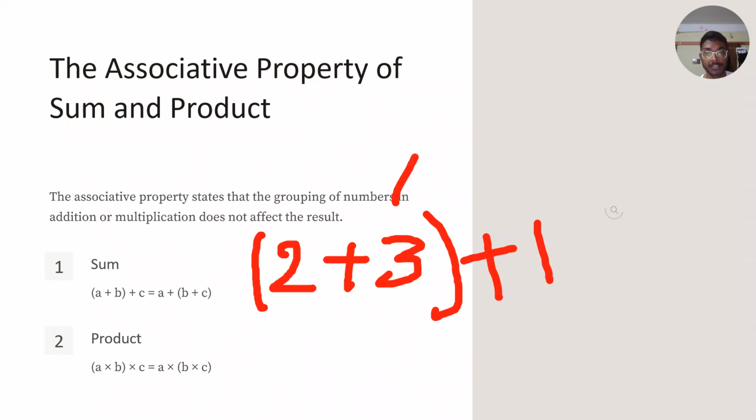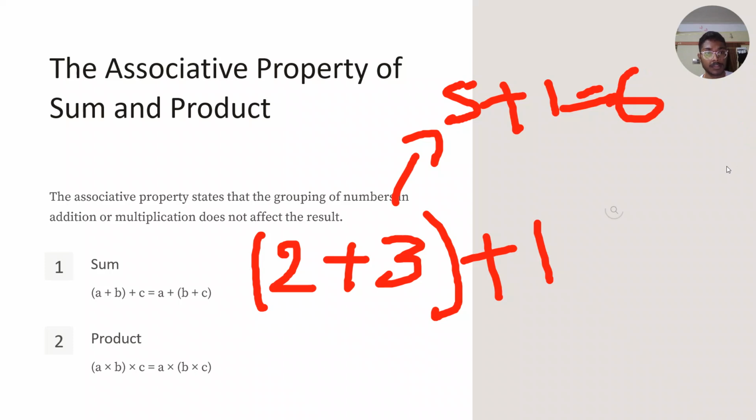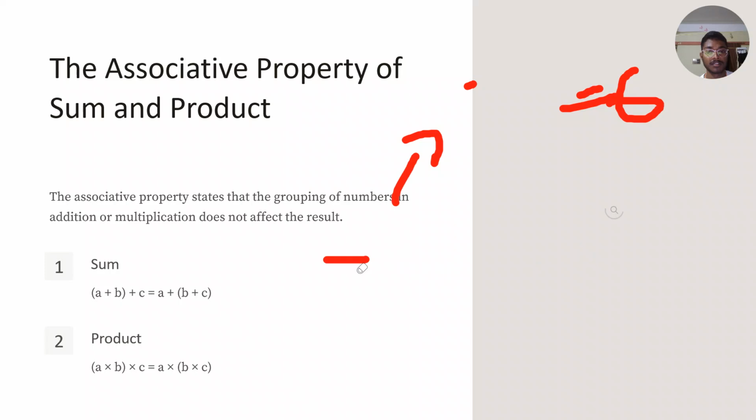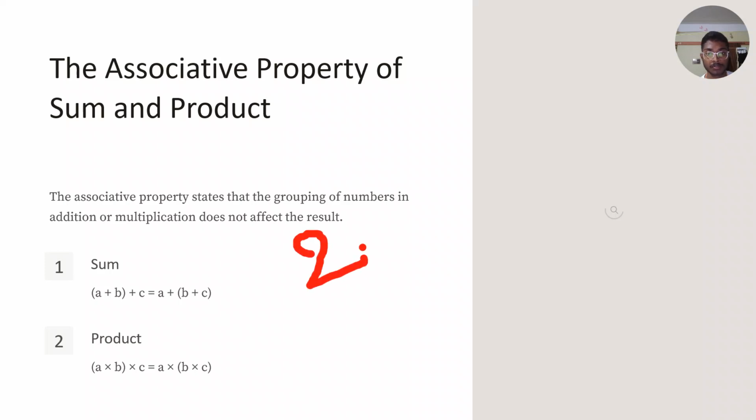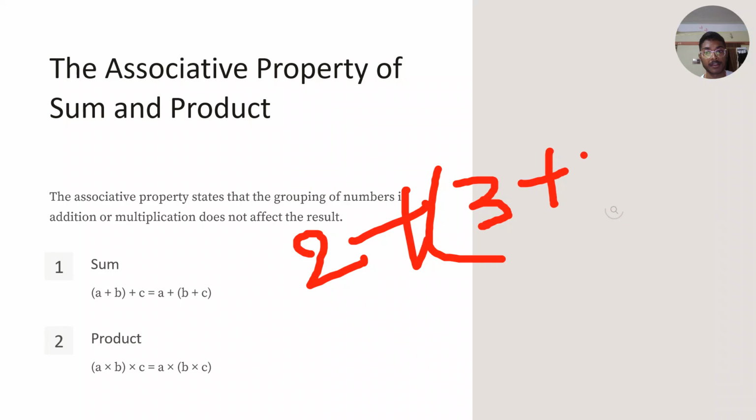On adding 2 plus 3 you get 5, and adding 5 with 1 you get the value 6. Similarly, you can expect the same result when you do a plus b plus c. The a value was 2, and adding b, which was 3, and c, which was 1: 3 plus 1 is 4, 4 plus 2 is 6, which is our answer.